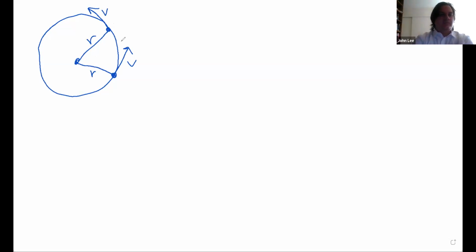So centripetal motion in its most simple case assumes that the velocity is going to be constant because it's hard to keep a centripetal motion if there's some outside force accelerating it in the tangential direction, so in the direction tangential to the circle instead of just into the center of the circle.